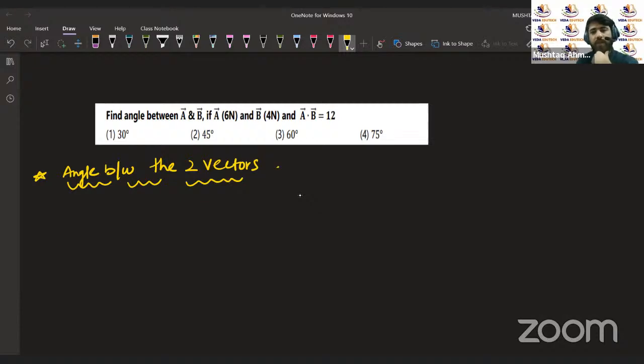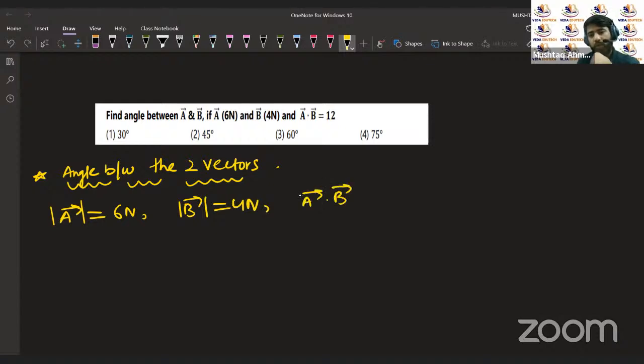In this question, A vector is given as 6 Newton. 6 Newton is the magnitude of this vector, but we do not know the direction of this vector. So we'll write mod of A is 6 Newton and mod of B is equal to 4 Newton. And it has been given that A dot B is equal to 12.